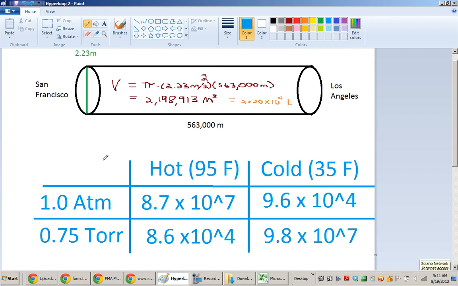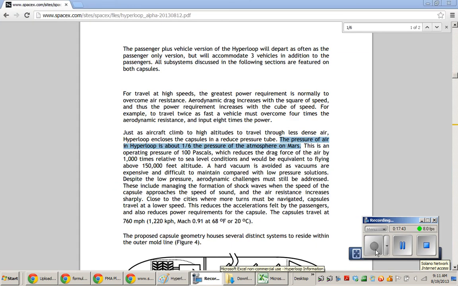Mr. Musk made a joke inside of his proposal. I'm hoping it's a joke. Let me see if I can find it. Yeah, Mr. Musk made a joke about this, saying that the pressure inside the Hyperloop is about 1/6 the pressure of the atmosphere of Mars.